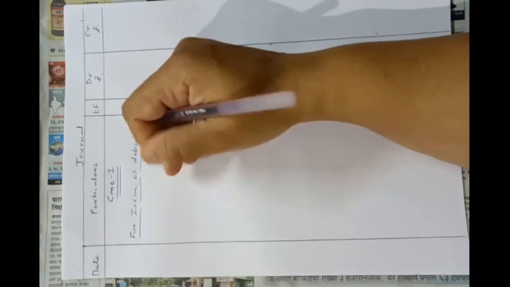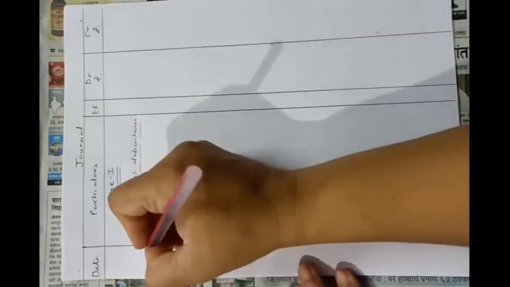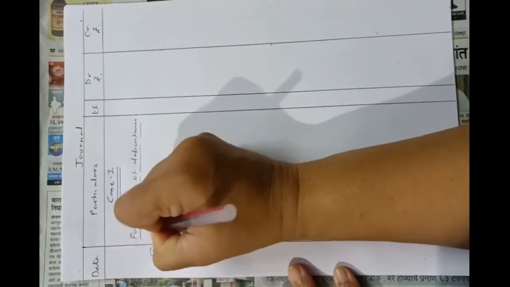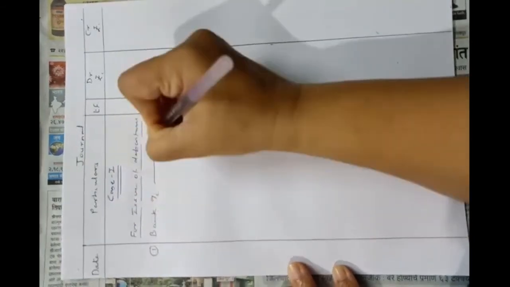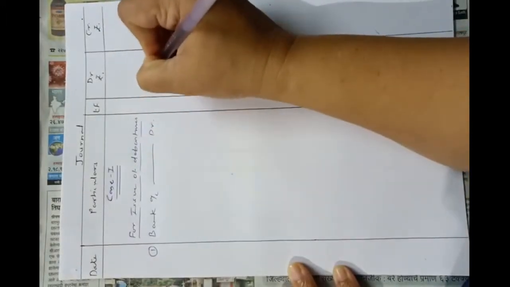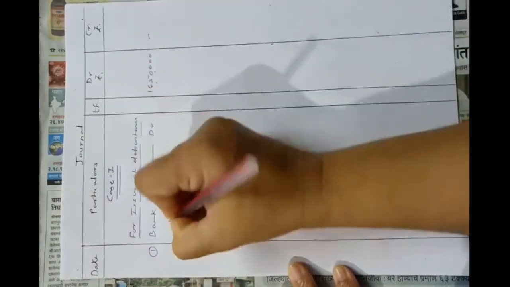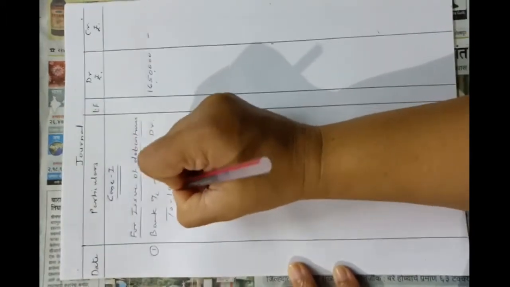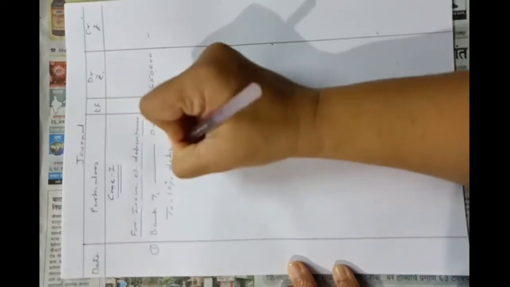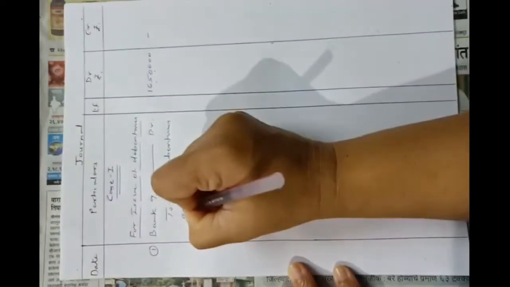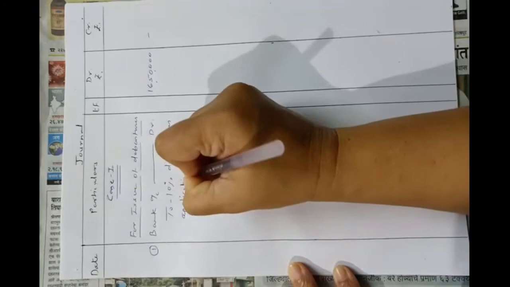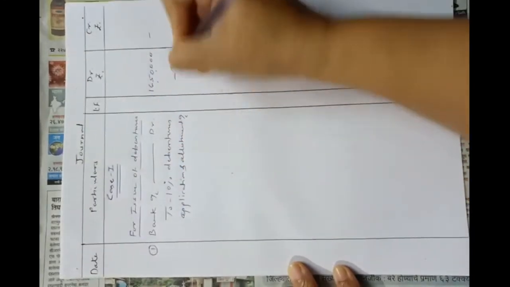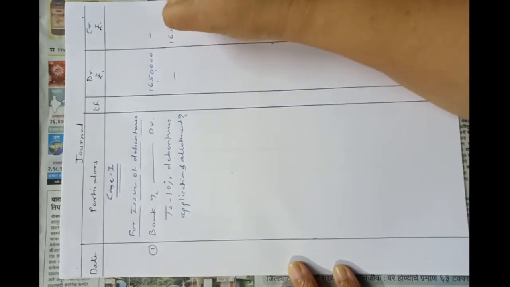So first entry will be amount received into the bank. So first entry, bank account debit 16,50,000 to 10% debentures application and allotment account 16,50,000.